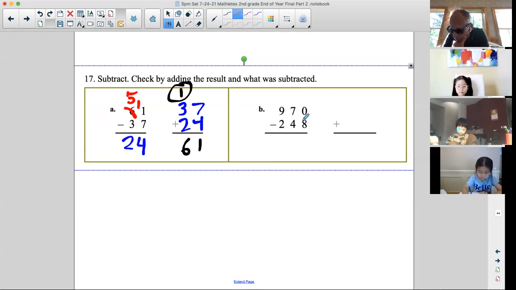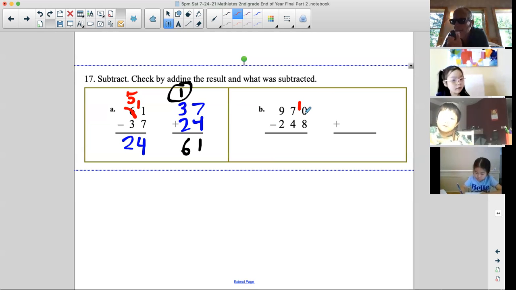970 minus 248. The 0 is too small for 8. So we make the 0 a, say it out loud, a 10. It is a 10.